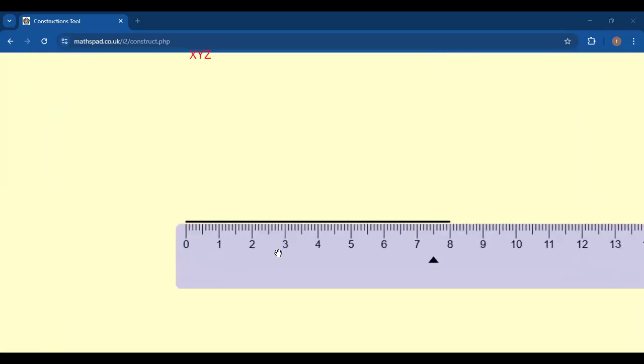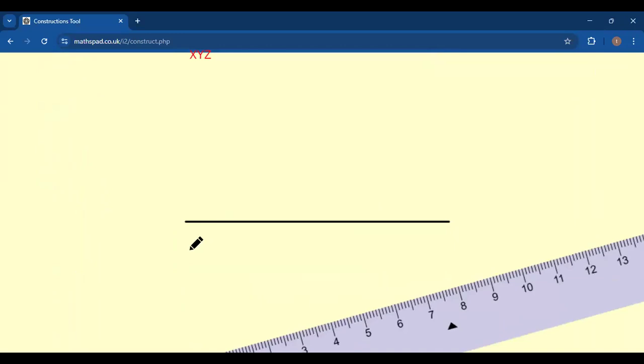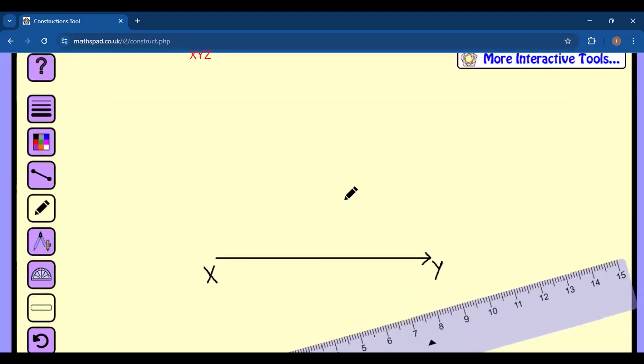The next thing I'm going to do is label this side X, and this side Y. I don't want to put the point because it's so big, I don't know where my point is. So I'm going to leave it just like that.